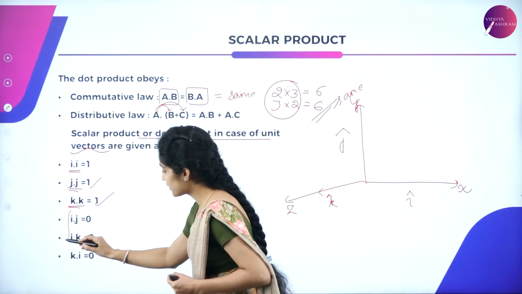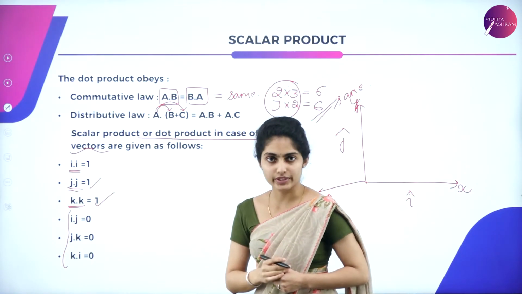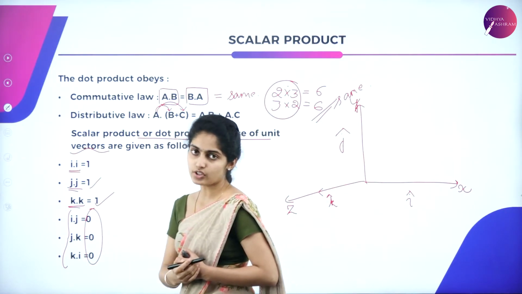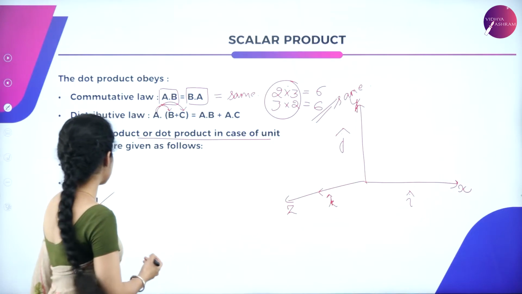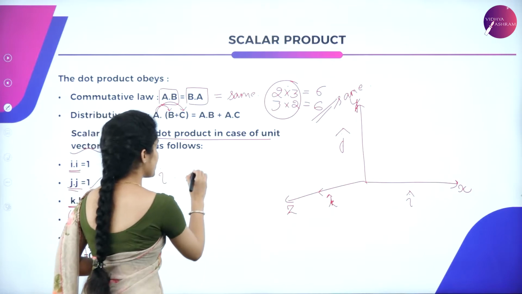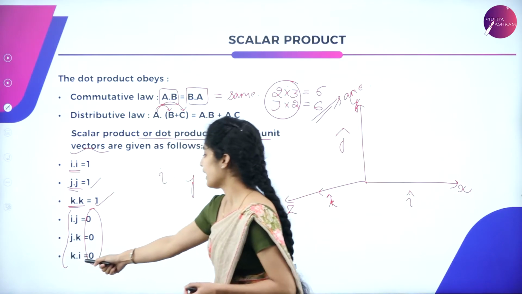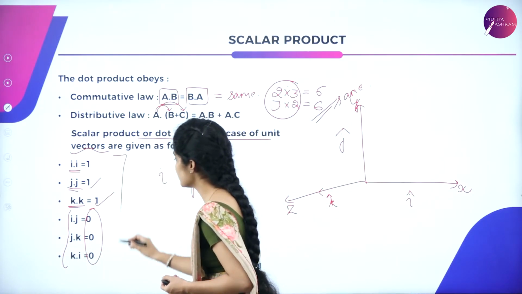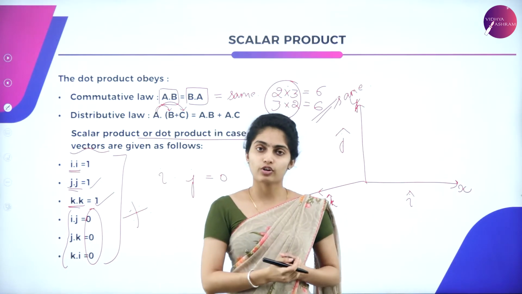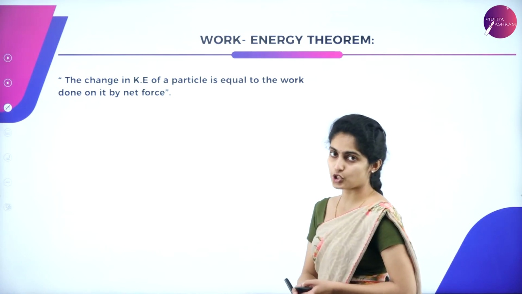When the unit vectors are multiplied with other, different unit vectors, then you have got 0 as your answer. That is, the dot product of i and j, you get 0. Similarly, j and k is 0 and k and i is 0. So this is the concept which you have to remember, which will be very, very useful in solving numericals. So next, let us go to work energy theorem.